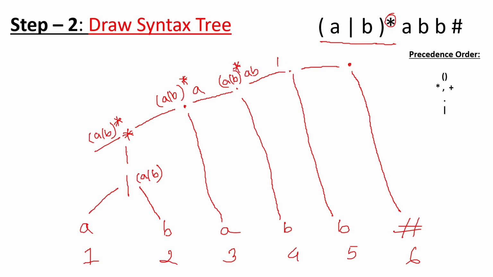For this one, this part has completed, and for this one, this whole part has completed. So for this whole grammar we have created a syntax tree.